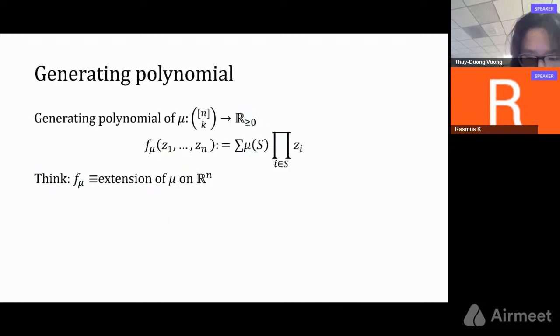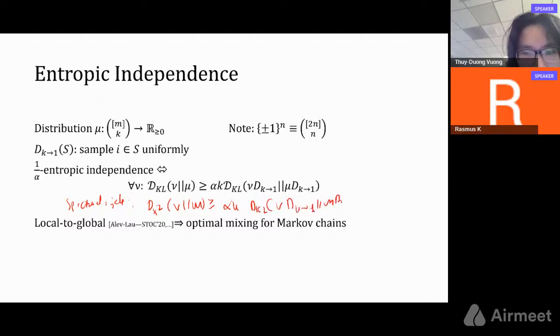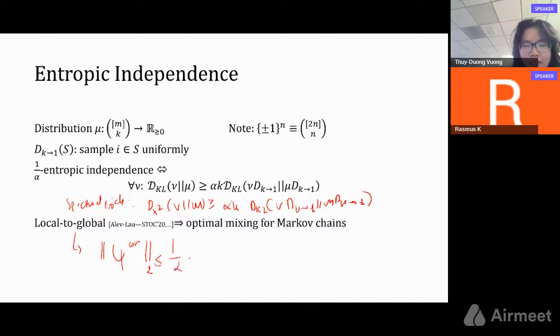another way you can view spectral independence. If you remember what spectral independence is, it's related to something called the coordinate matrix having its spectral norm bounded by 1 over alpha, some order one thing.